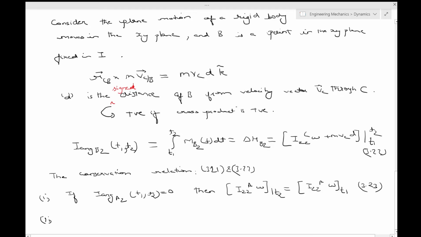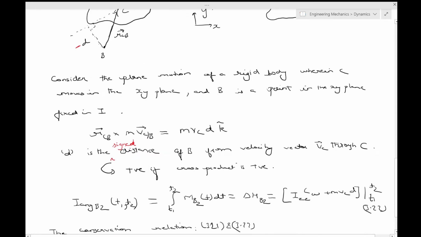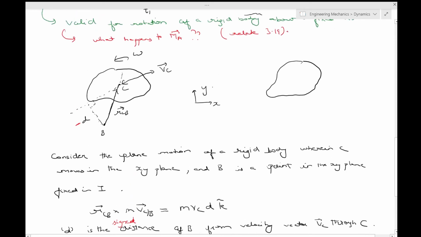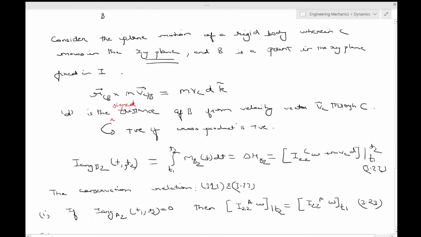Second is about 3.22. In this case, if this angular impulse about the point B, okay, point B is like this, it's lying in the xy plane for sure, is 0, then it would mean that this entire quantity at T1 and T2 is the same.